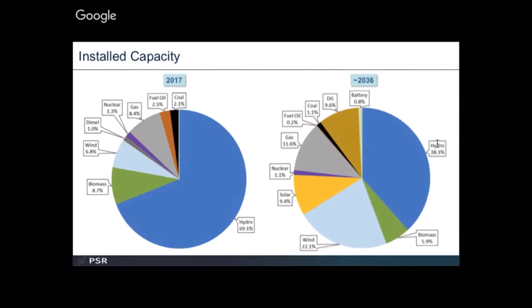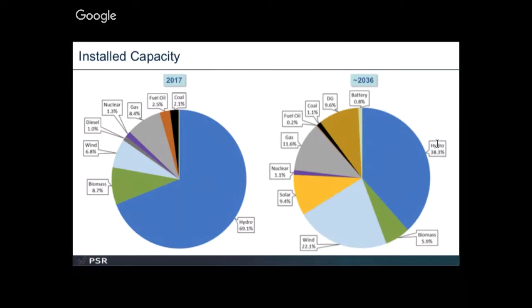And the last slide. The installed capacity in Brazil nowadays is on the left-hand side. We are nowadays a 70% hydro country, and more or less 20% wind and solar plants.